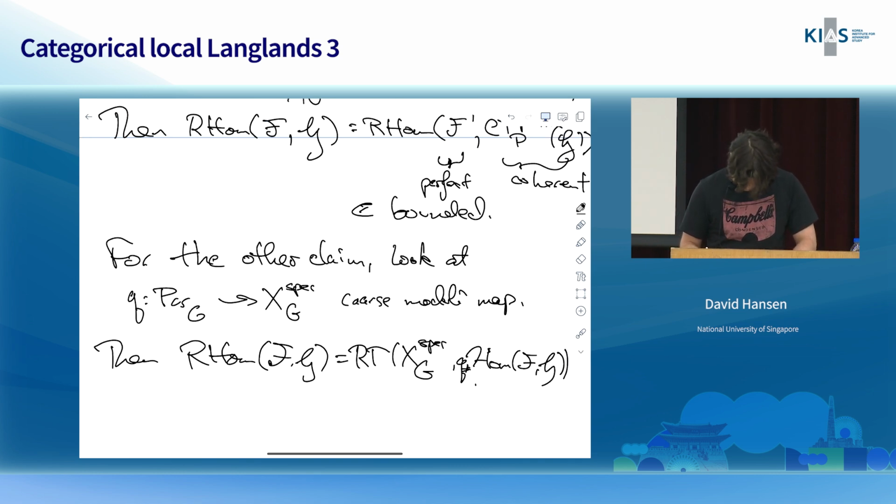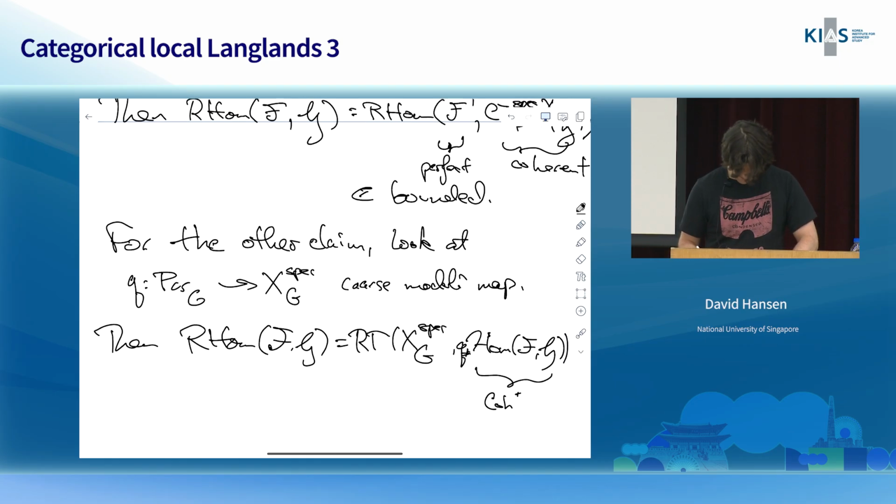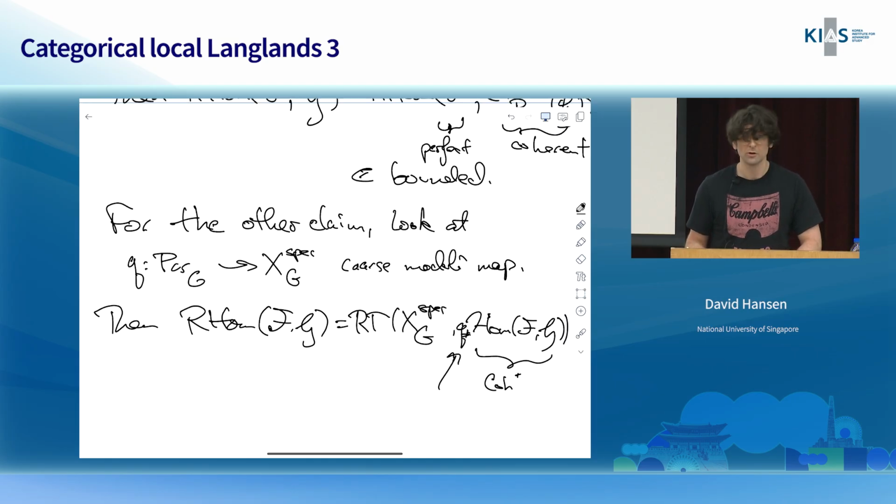And now what do you know about this? So this is a priori just a bounded below complex of coherent sheaves, right, upstairs. But at least it has coherent cohomologies.